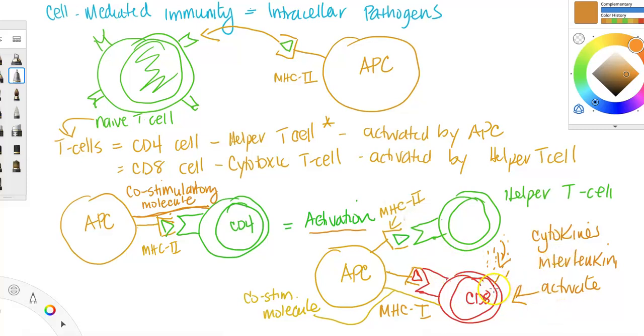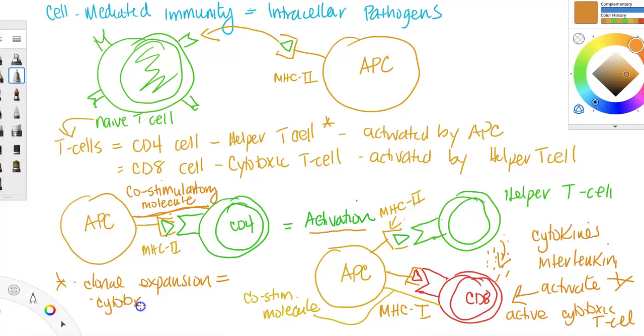Once the CD8 cell becomes an active cytotoxic T cell, then it will go through clonal expansion, and it will make cytotoxic T cells and memory cells.